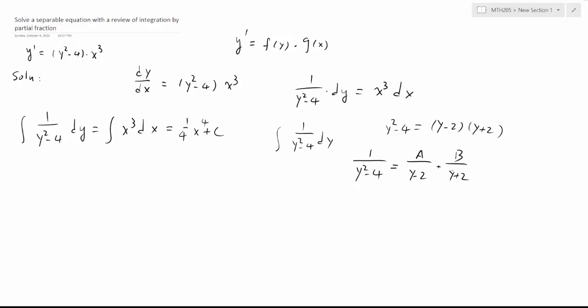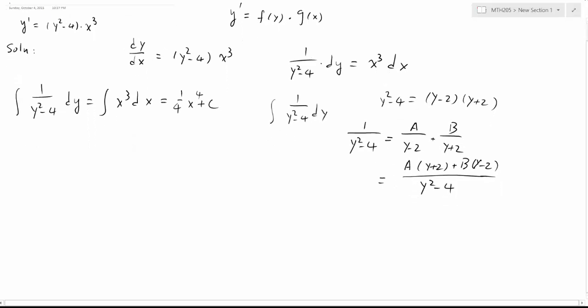Now we look at the right-hand side, and the common denominator should be exactly y squared minus 4, and on top we have A times (y plus 2) plus B times (y minus 2).